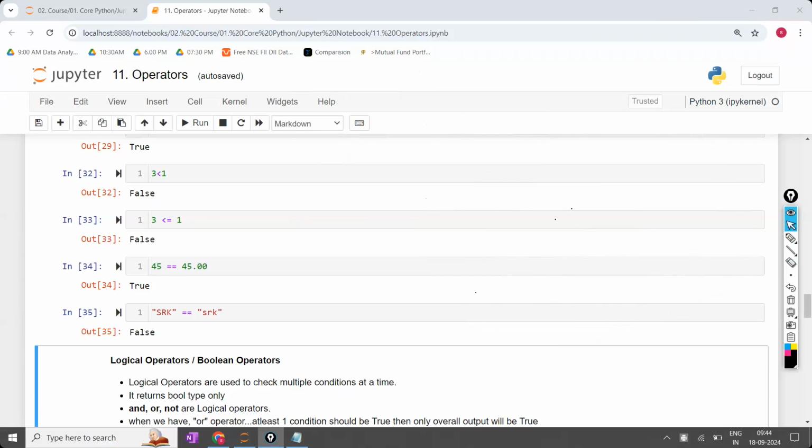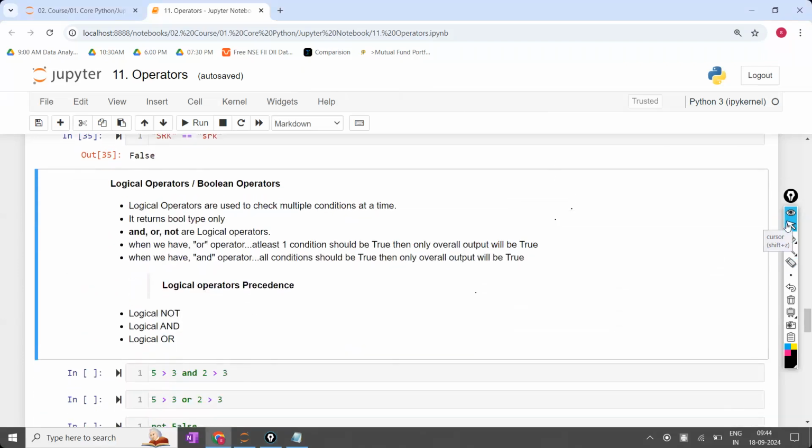Now, next comes the logical operators. So what are the operators we have covered till now? Arithmetic, that is plus, minus, into, division, floor division, modulo, power, and parenthesis. These are the things which we have covered. And the next one is assignment operators, which is equal to, along with plus equal to, minus equal to, multiplication equal to, division equal to, like that, but majorly equal to.